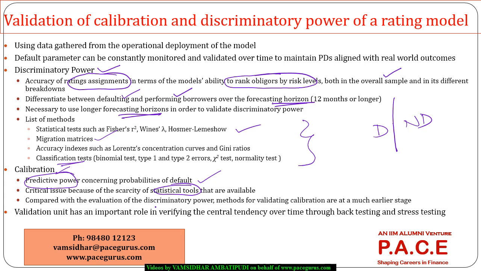Compared with the evaluation of the discriminatory power, calibration-related validation is today at a much preliminary stage itself. And one thing we have to understand is that the validation unit has a very important role in verifying the central tendency over time. How is the central tendency moving over time through various processes like backtesting, stress testing, etc.